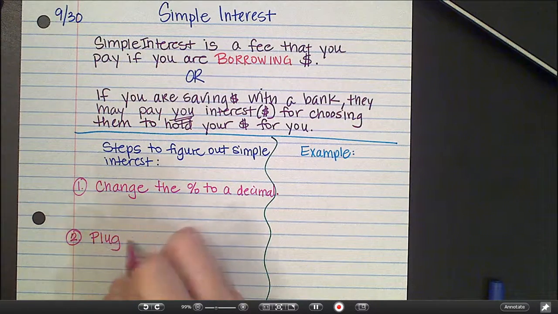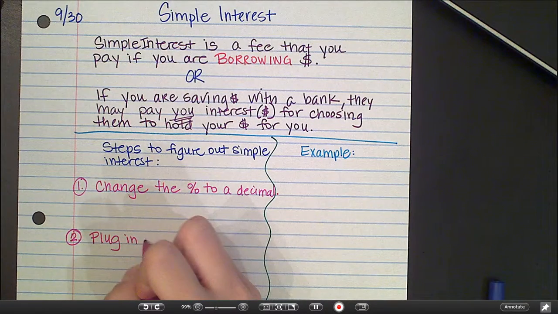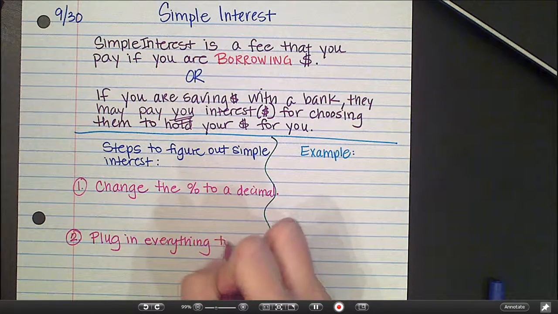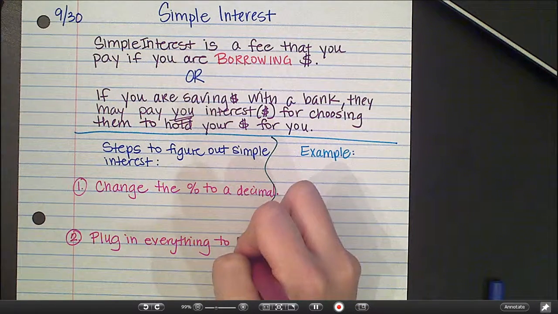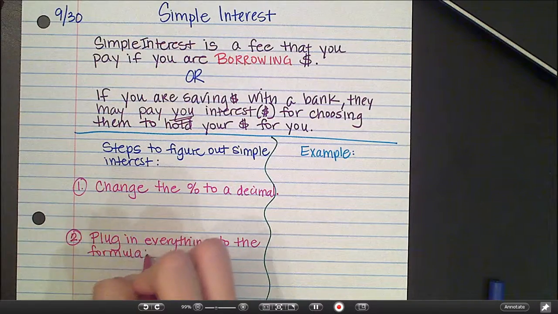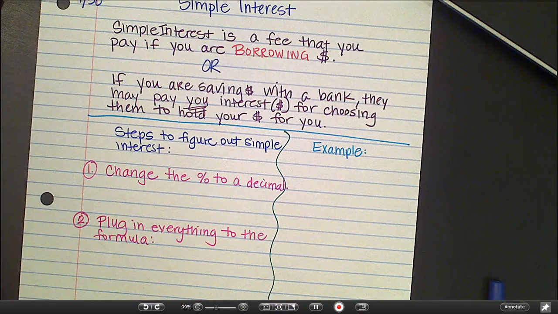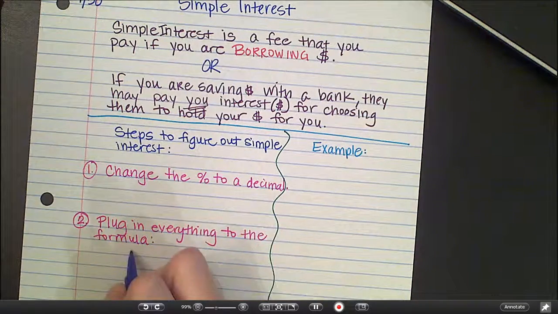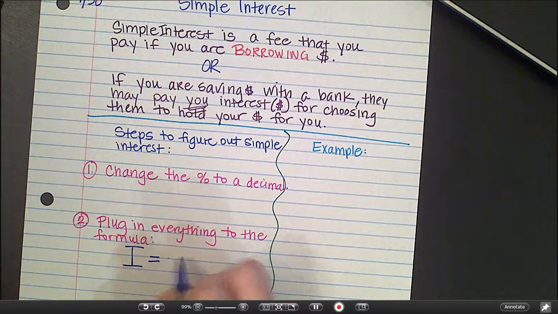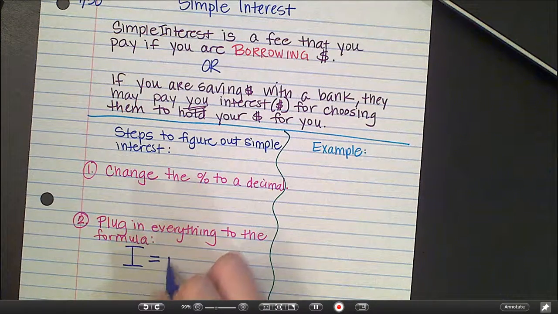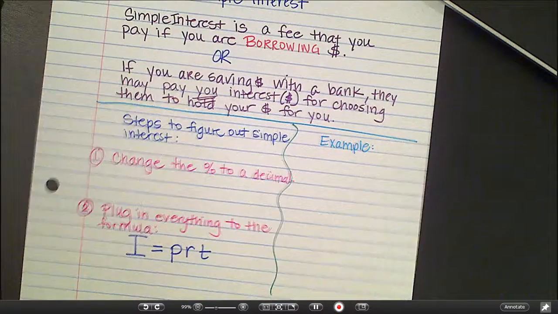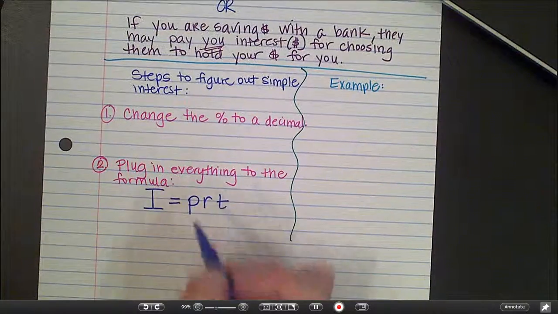This is so easy. I love formulas. Plug everything in to this great formula. And everyone needs to write it fairly big. It is interest, which is a big I, equals PRT. Now, underneath, I want you to write what those mean.